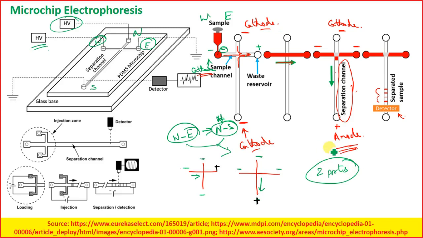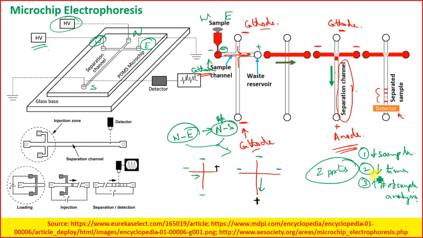So what is the advantage? The first advantage is you need very small sample. Second is lower time. Okay. Third, since there is a lower time, in a shorter time you can go for a higher number of sample analysis.